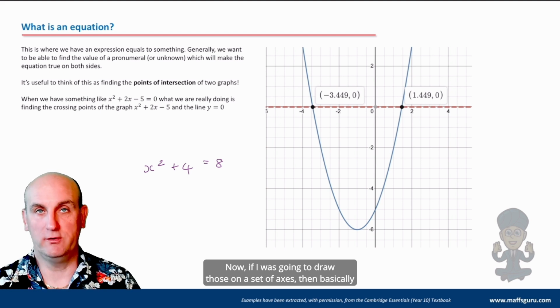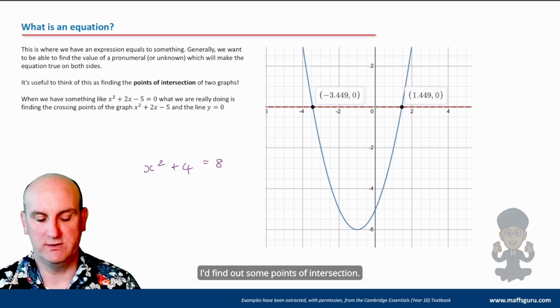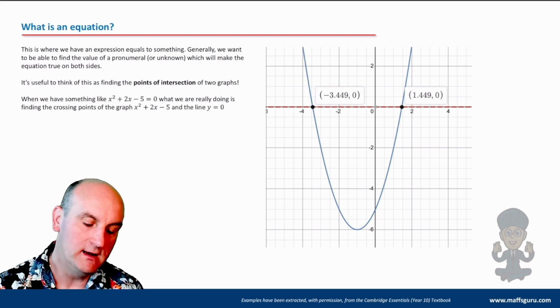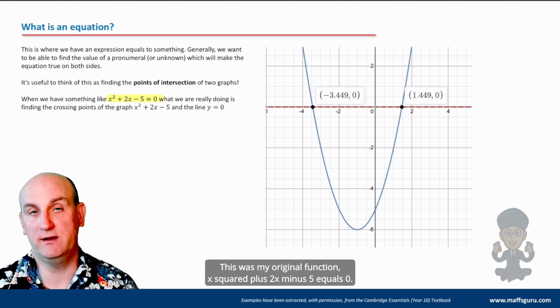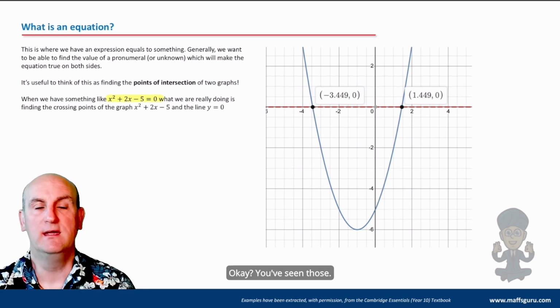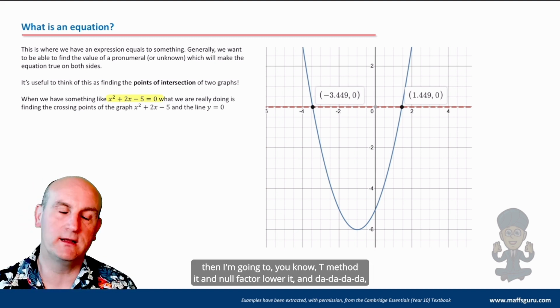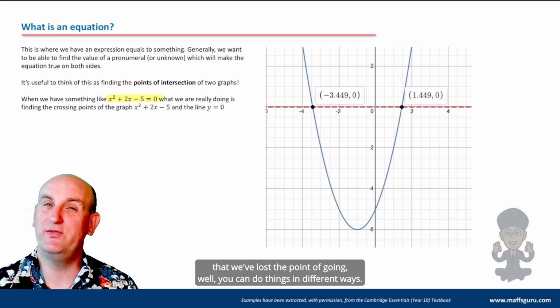If I was going to draw those on a set of axes, then I'd find the points of intersection. In the example I've given here, I've drawn two graphs. This was my original function, x squared plus 2x minus 5 equals 0. Your brain is now so preconditioned to going, okay, I'm going to T method it and null factor law it, that we've lost the point that you can do things in different ways.